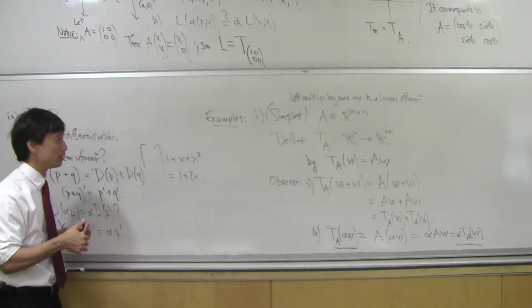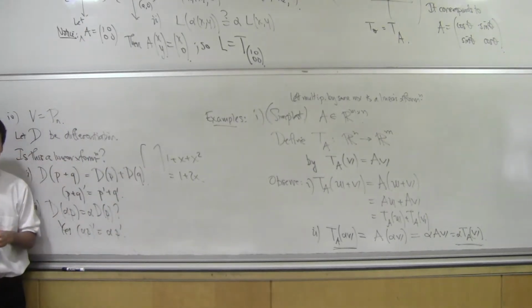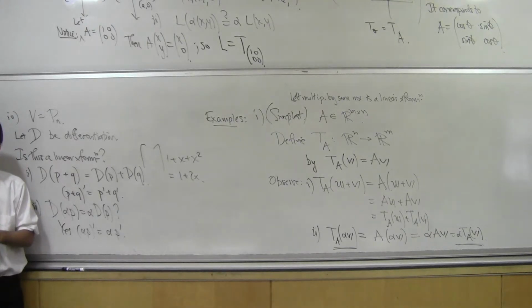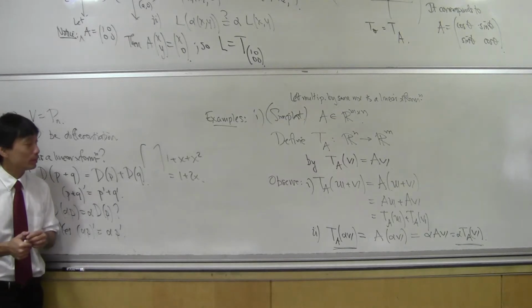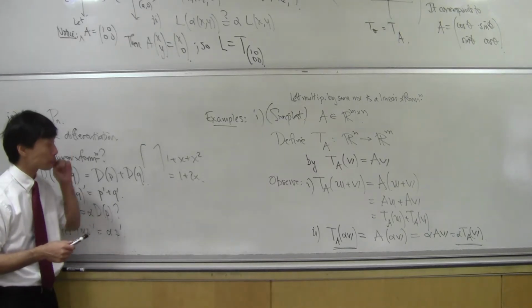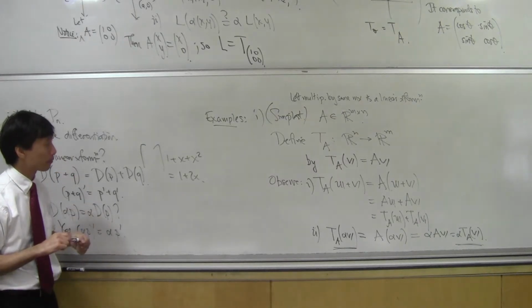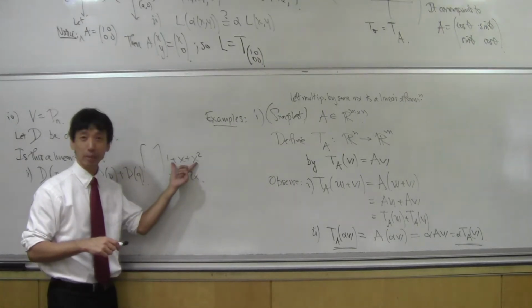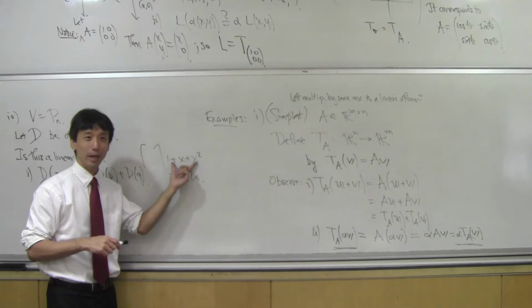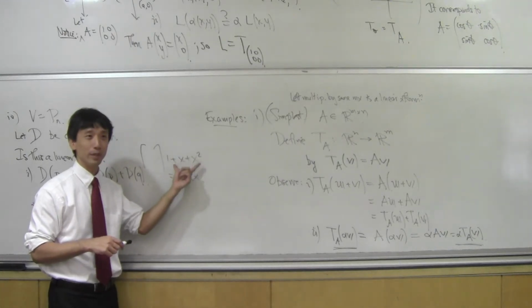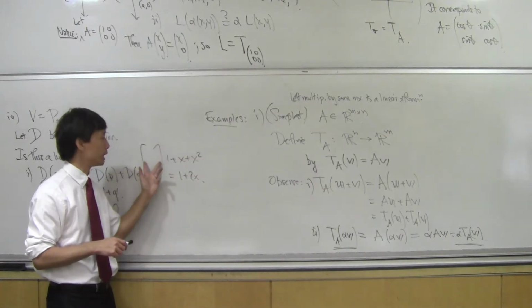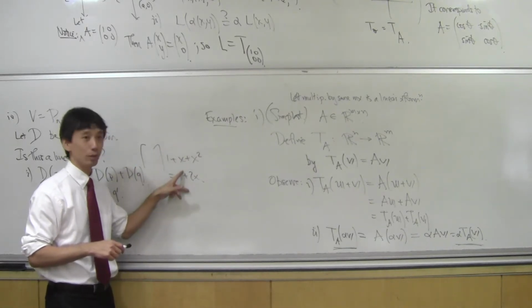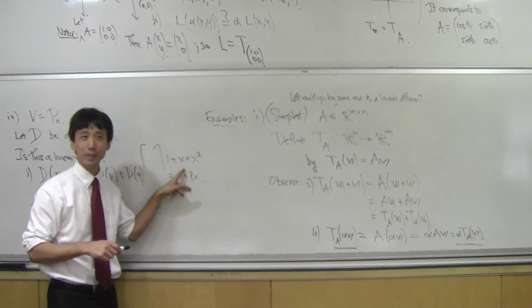Okay, so the answer is no. The answer is no, but yes. So what we'll see later is that the thing to do is to take a basis and then get the coordinate vector for this polynomial. Then there will be a matrix that transforms its coordinate vector into the coordinate vector of the derivative.